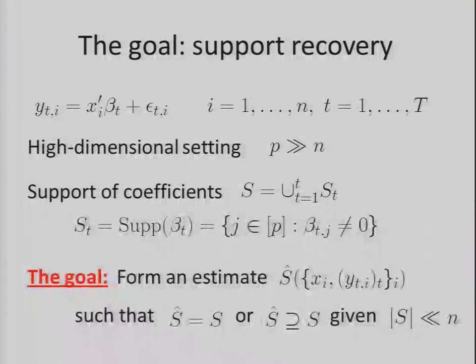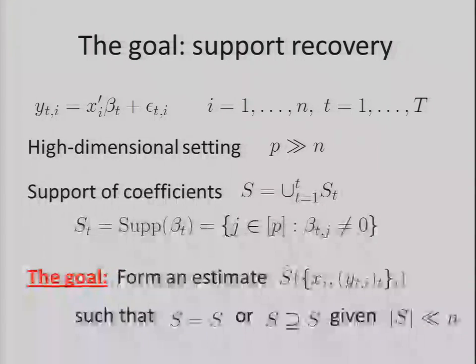Okay. So this multitask regression problem, we are going to study in a particular high dimensional setting, when the number of variables is much larger than the sample size. And we are going to assume something about the sparsity of regression coefficients. In particular, let us denote S_t a set that indexes non-zero components of regression coefficient beta t.